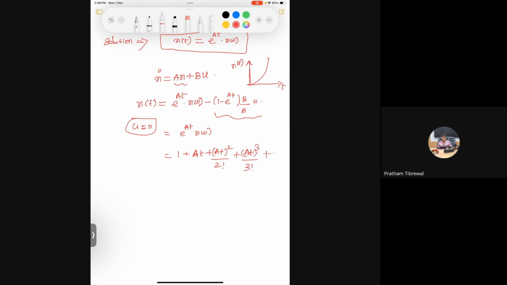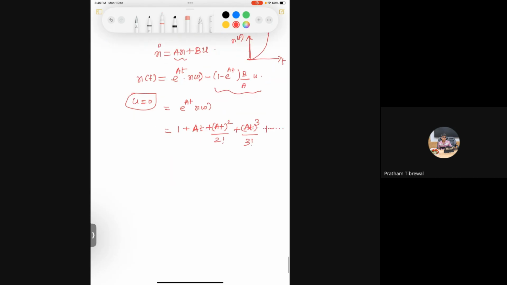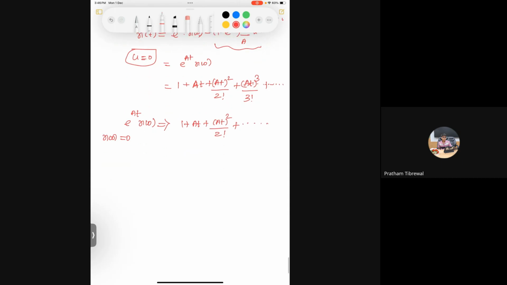We won't be seeing all those things. So e power at can be expanded using this equation, considering x not equal to 0 for now: 1 plus at plus at the whole square divided by 2 factorial plus everything else as higher order terms.